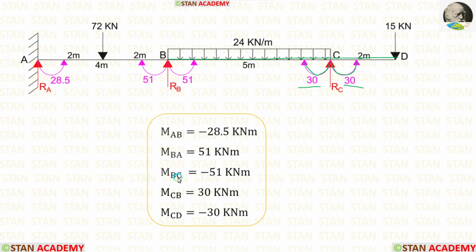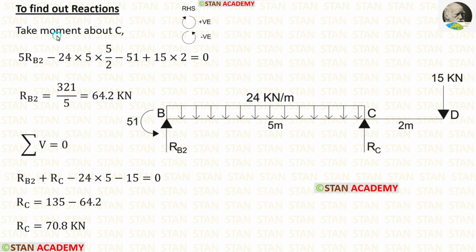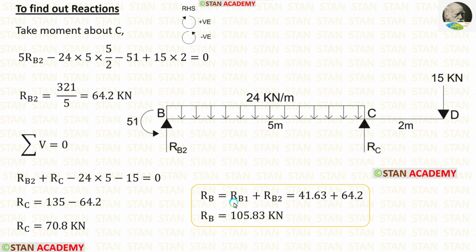In this case, we have to consider only MBC, which is acting in the anti-clockwise direction. By taking moment about C, I am calculating RB2. Then applying the rule sigma V is equal to 0, I am calculating RC. Now let us add RB1 and RB2 so that we will get RB.